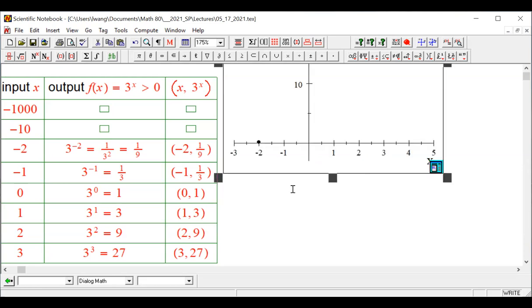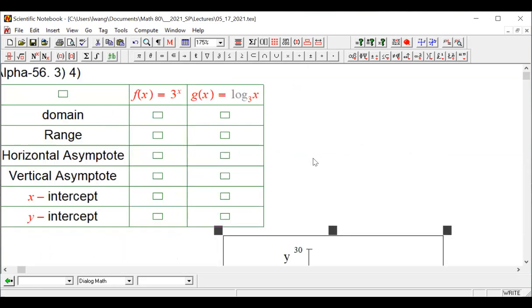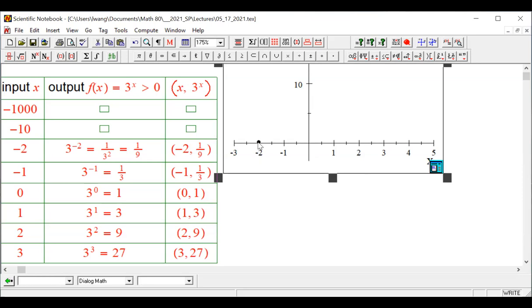Even though it looks very close to the x-axis, it is actually above it, because it's just 1/9. The height is 1/9. Let me make some adjustment to show you that picture.